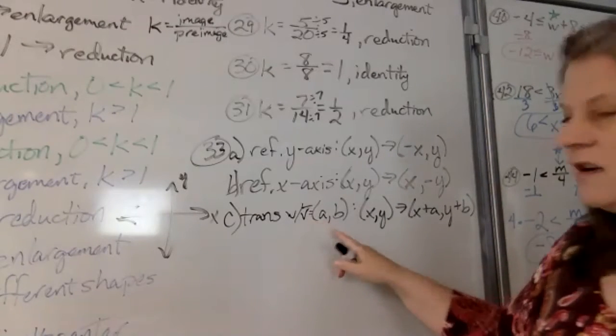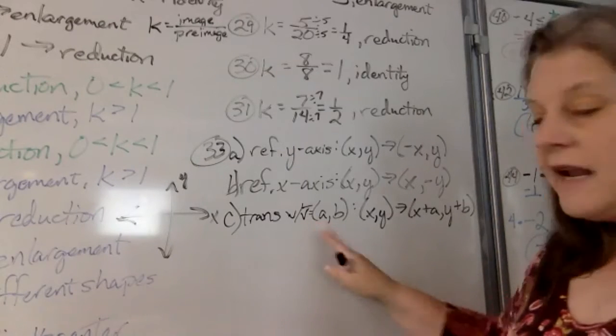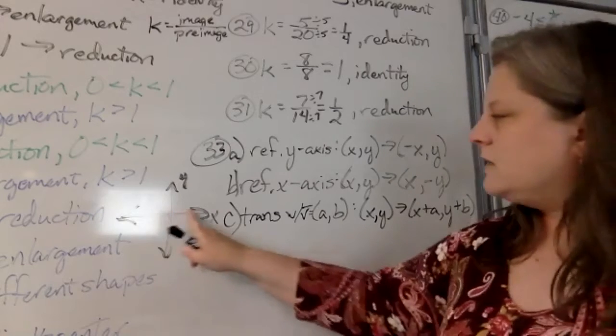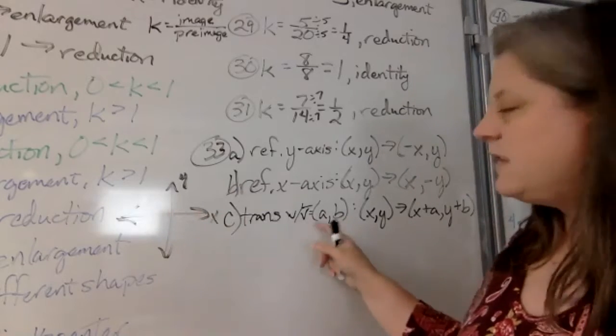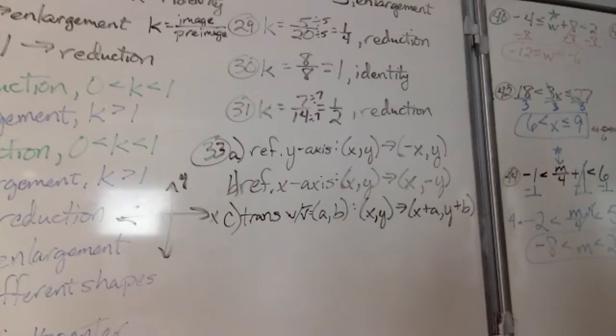The a and b here are just positive, so I put plus for both of them. But again, if it was a negative, you would subtract it. Because that would tell you you're going to the right and up with this. If they were negatives, you would be going to the left and down.